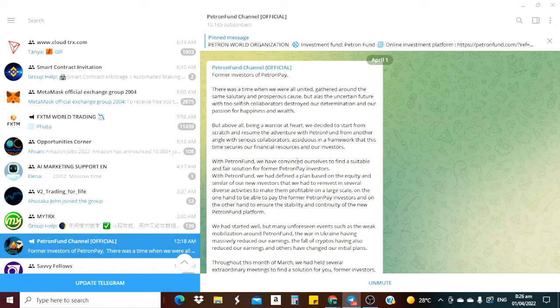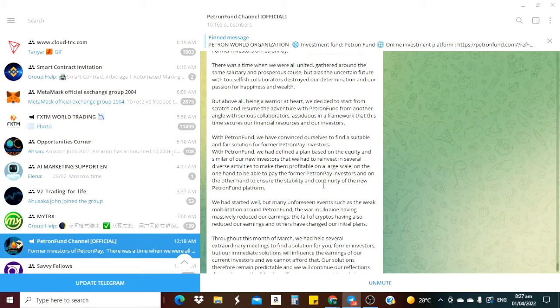With Petronfund, we have convinced ourselves to find a suitable and fair solution for former Petronpay investors. With Petronfund, we had defined a plan based on the equity and similar of our new investors that we had to invest in several diverse activities to make them profitable on a large scale. On the one hand, to be able to pay the former Petronpay investors, and on the other hand, to ensure the stability and continuity of the new Petronfund platform.